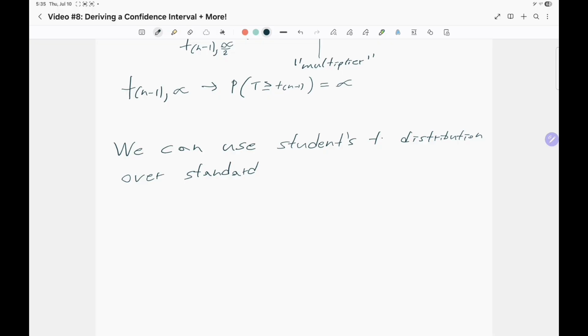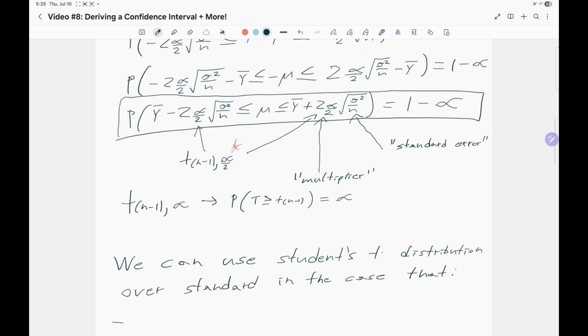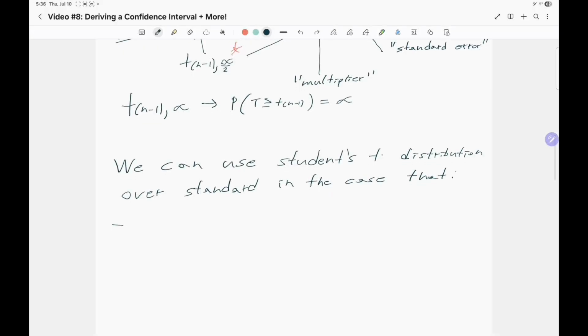If we were using very small sample sizes, if our n is small, we most certainly want to use the student's t distribution, unless we know the population standard deviation, in which case we default to using standard normal.